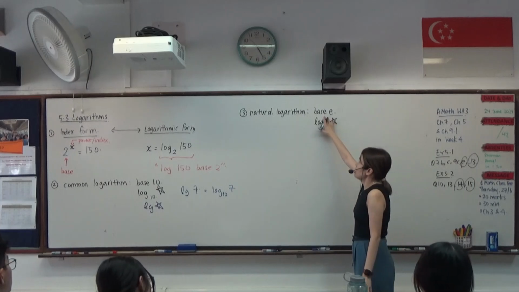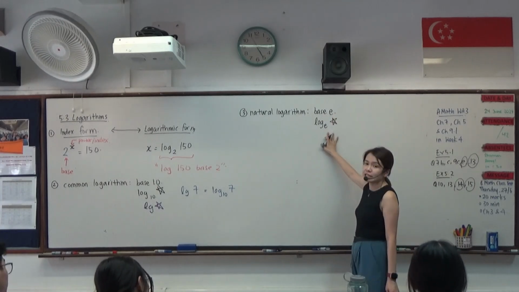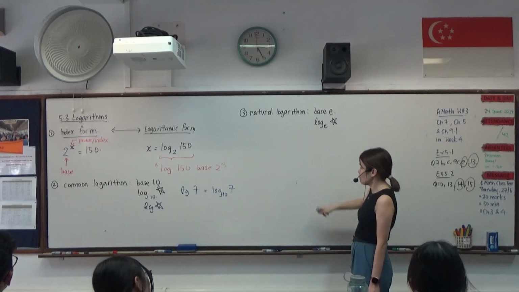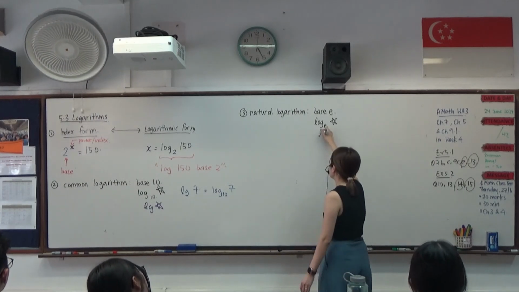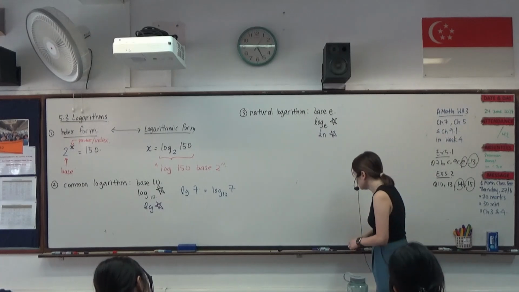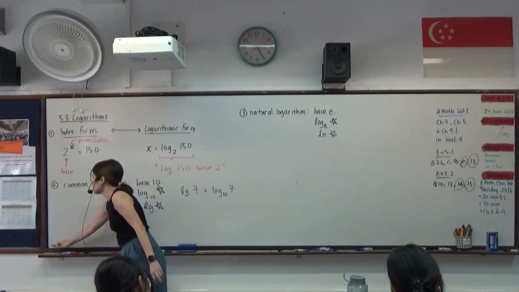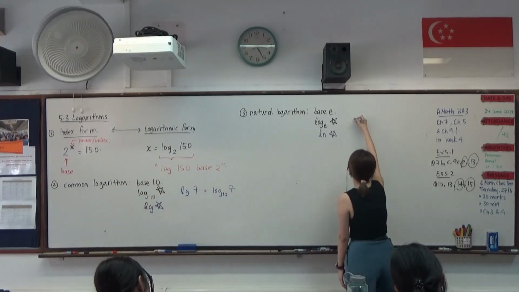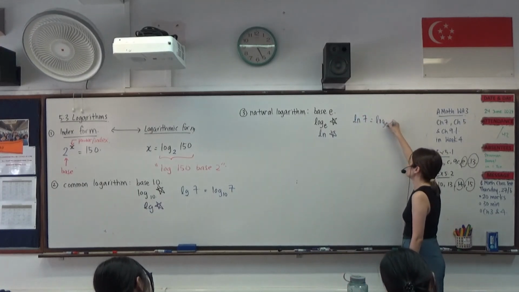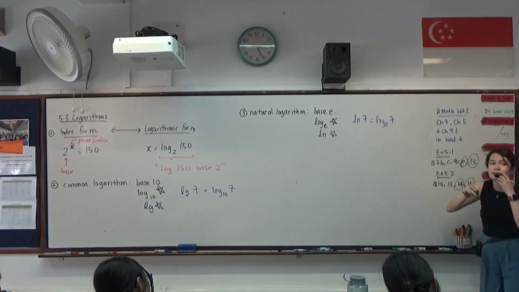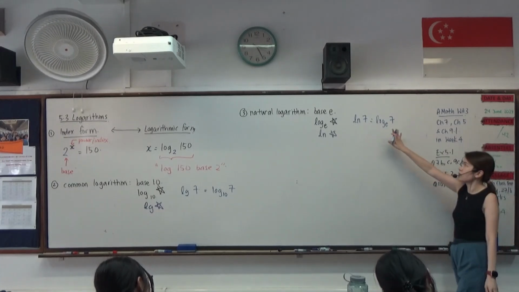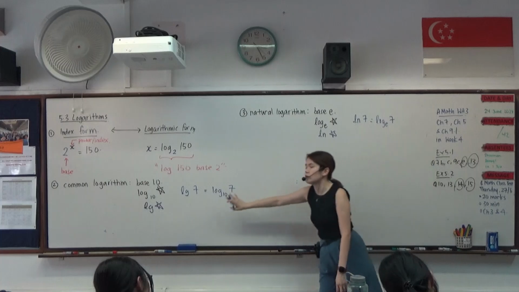Okay? So natural logarithm has a base of e. Instead of writing log base e, what we can instead write is ln. So, as an example, if you're trying to say ln 7, it is actually referring to log 7 base e. We generally don't write log base e, neither do we write log base 10.